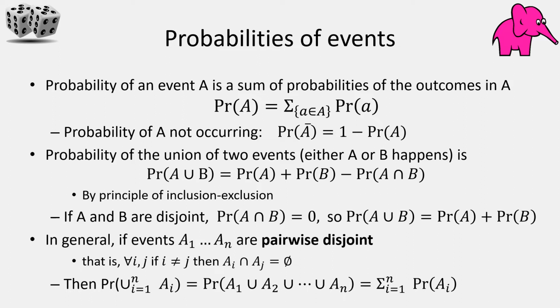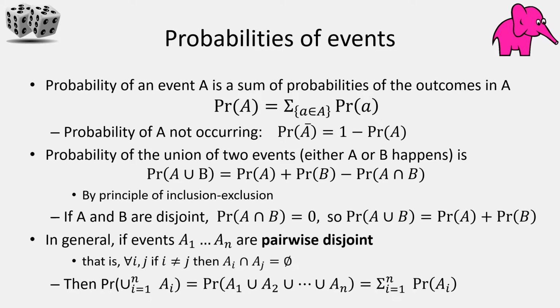But now, since different elements in A and different elements in S have different probabilities, we will just define the probability of an event as the sum of the probabilities of outcomes in this event. And again, we still have the feature that because the probabilities of all the outcomes in the sample space sum up to 1, the probability of an event not happening is 1 minus the probability of the event happening.